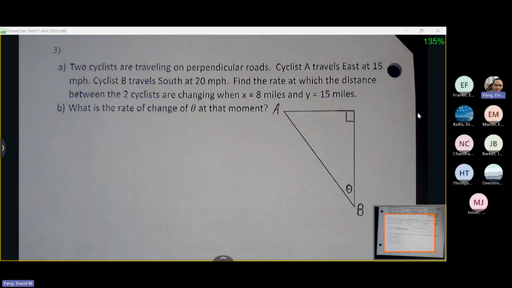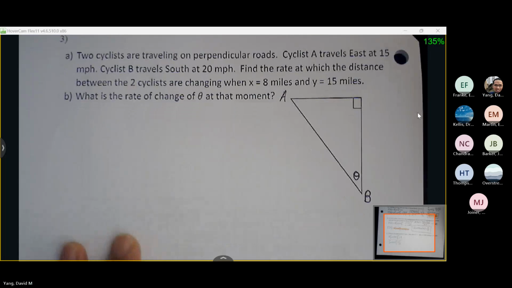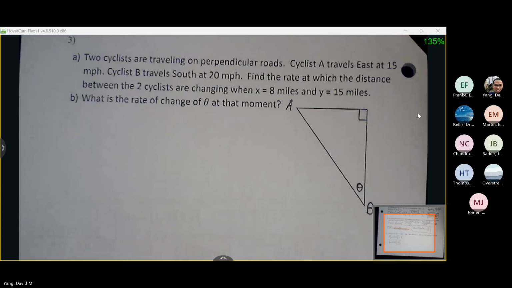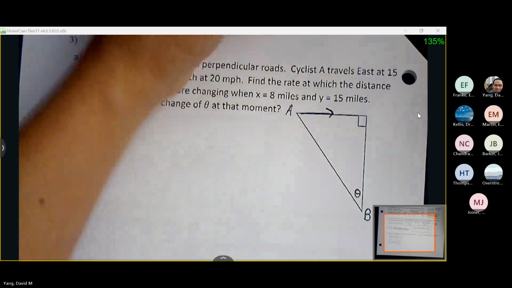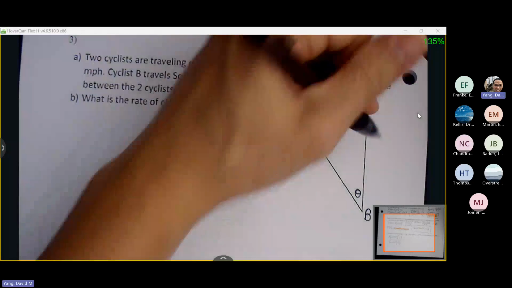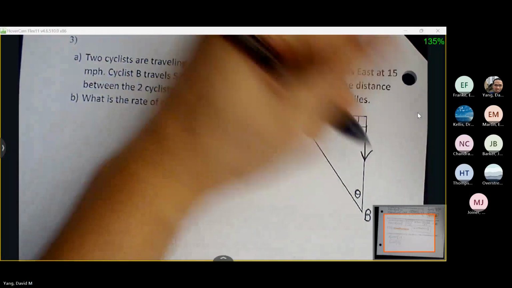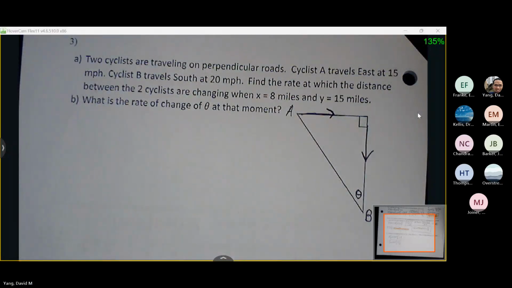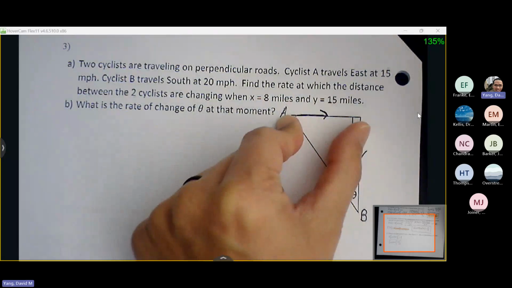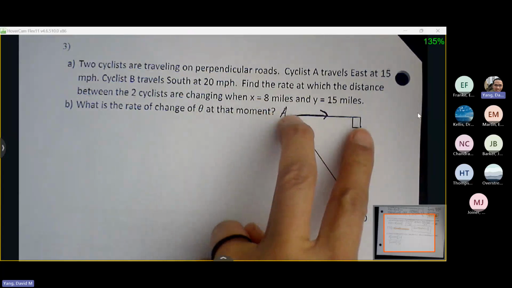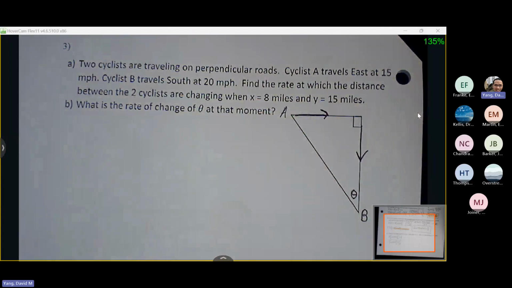Okay, related rates. Cyclist A is traveling east. Cyclist B is traveling south. So cyclist A is basically heading towards the intersection, and so we can expect this to be decreasing over time.